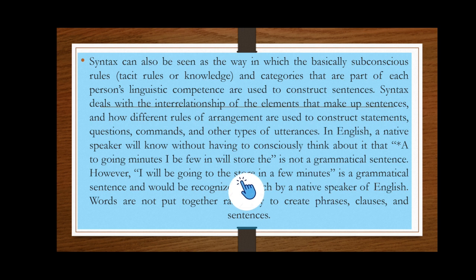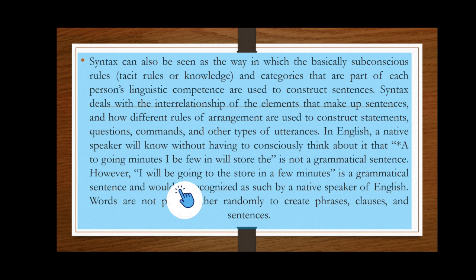However, "I'll be going to the store in a few minutes" is a grammatical sentence. How does a native speaker know it is grammatical, and how does a native speaker know something is ungrammatical? Because of subconscious rules.